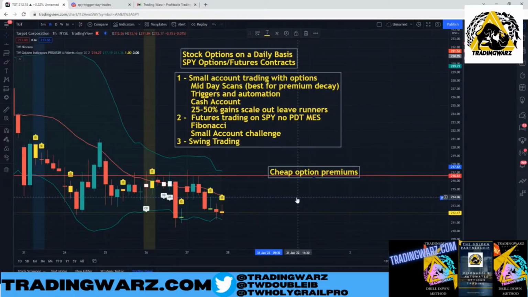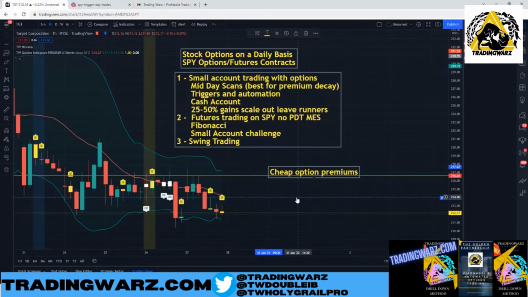Well, they become cheap when the market is going sideways. So two words right now. The first one is cheap option premiums, and the second one is sideways, consolidation, chop. When the stock is going sideways, when it's chopping around, what's going to happen to those option premiums? What do you guys think?